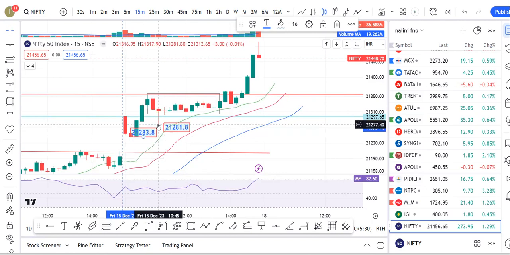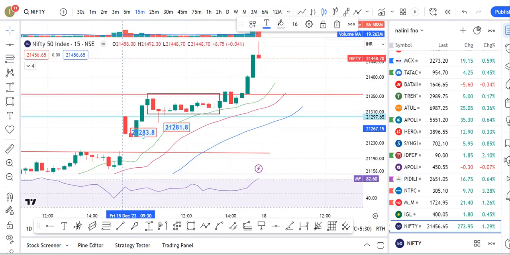So noting down this liquidity sweep, keeping 21,281.8 as your stop loss, you could have entered a long position which would have fetched you a lot of money.